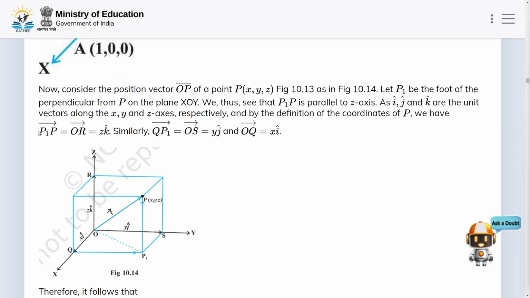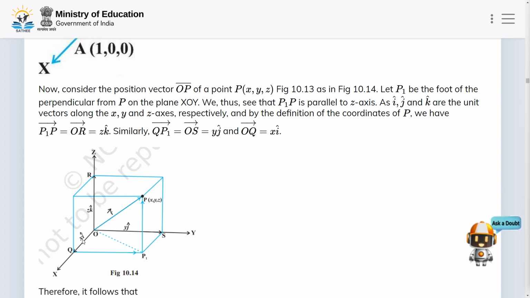By the definition of the coordinates of point P, we have vector P1P, with initial point P1 and final point P. This means the direction is upward, the same as vector OR, which is the same as z times k hat. Similarly, vector QP1 is equal to OS.